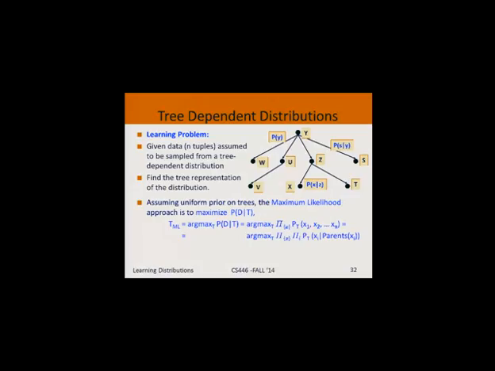The probability of this data point given the tree is the product that I write here, with a slight abuse of notation: if it so happens that a node has no parents, I'm still writing it here, and you'll understand that this set of parents is empty. As an exercise, you can write this for naive Bayes if you want. It's going to be the same thing, only that the only parent that nodes have is the top node here, but the computation is exactly the same.